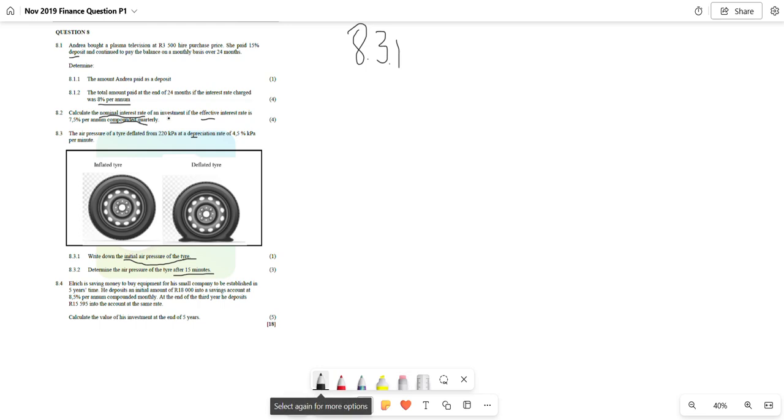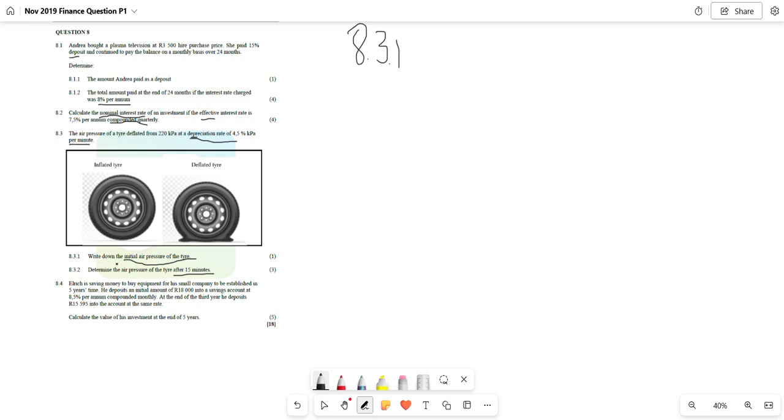Here it loses air pressure at a depreciation rate of 4.5% per minute. It means every minute it loses pressure. The pressure is going to depreciate from 220 to a certain pressure, which we don't know, after a certain number of minutes.